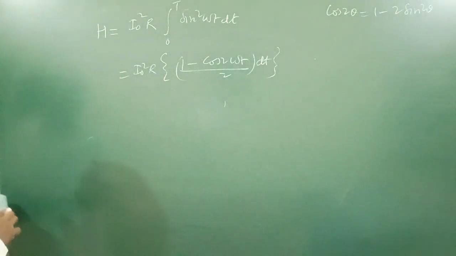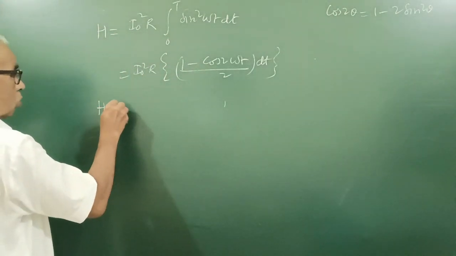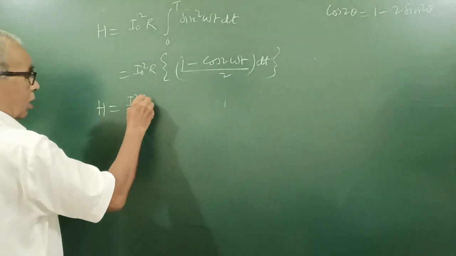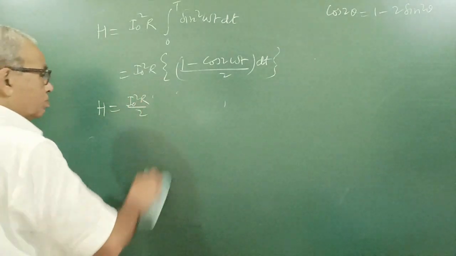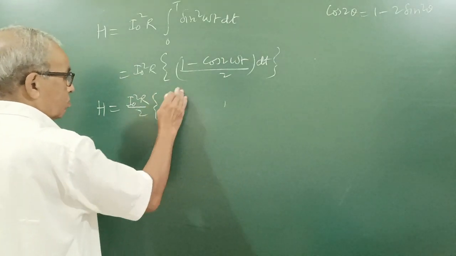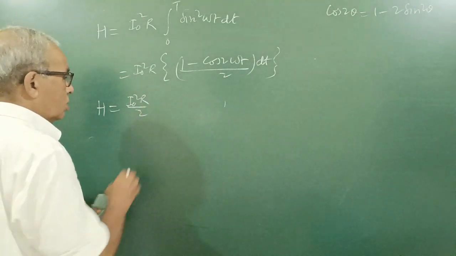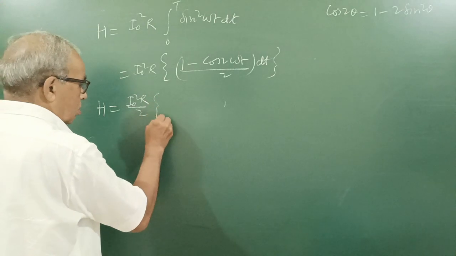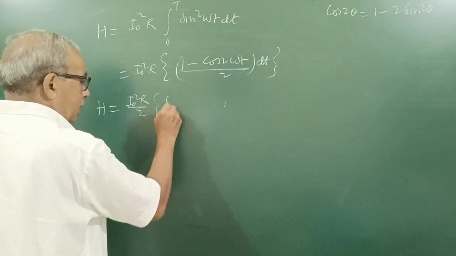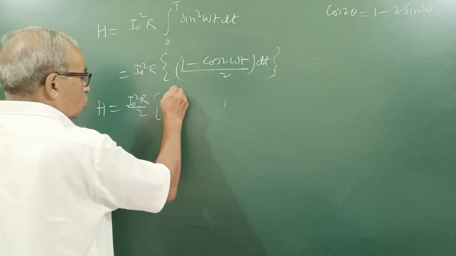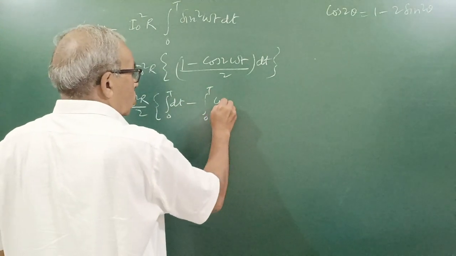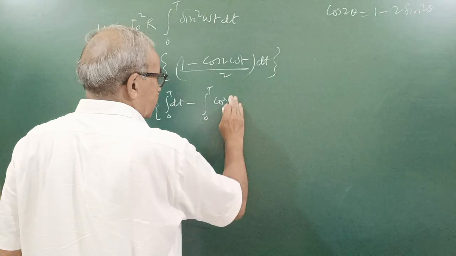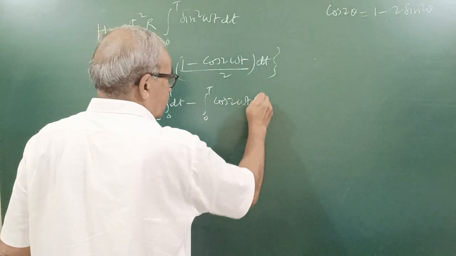You can write H equal to I0 square R by 2 times integral from 0 to T of dt minus integral from 0 to T of cos 2 omega t dt.